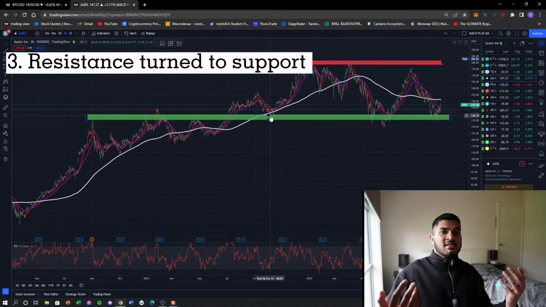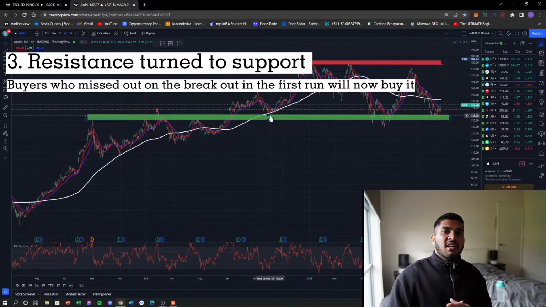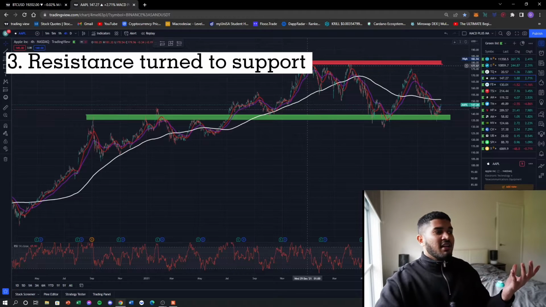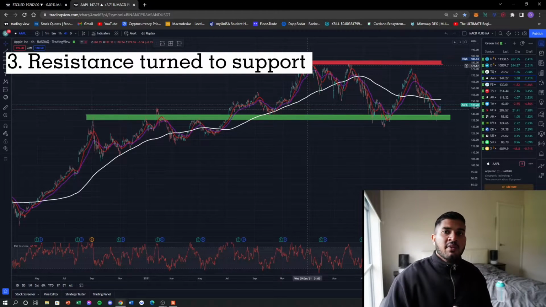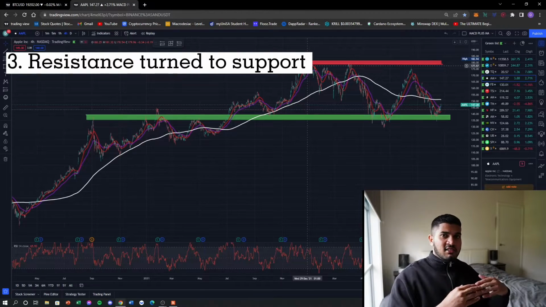I missed the trade on the first turnaround, and in the second round I got to invest. Once people realize there's value there and money to be made, they buy in. Once they buy in, we can clearly see that the stock, or the crypto, rallies all the way up. That is one of the main reasons why an area of resistance can turn into support.